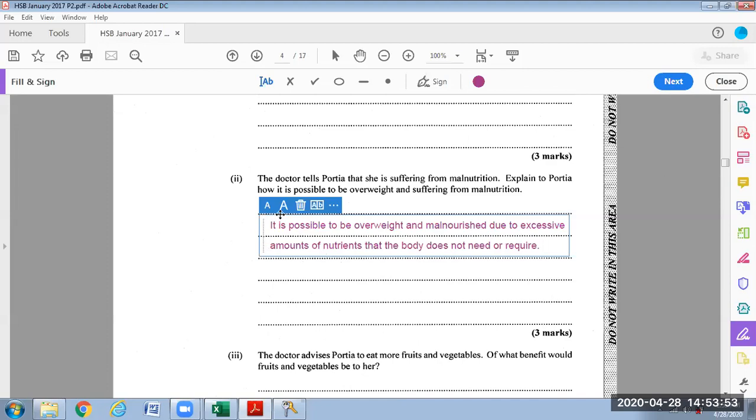Also, her diet may contain a lot of fats and sugar, but hardly any essential vitamins, because you don't get vitamins and minerals from KFC.